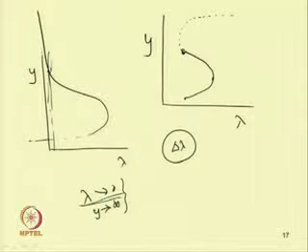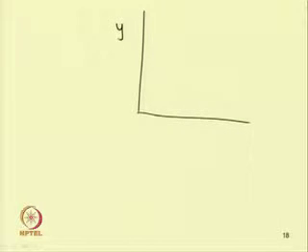So we have to discuss how to continue the solution and how to switch the solution when these bifurcation points are there. In this case, let us take this response, y versus lambda, this parameter.